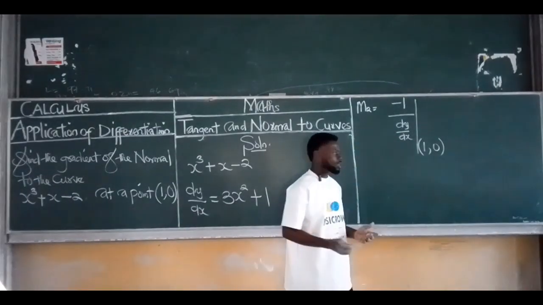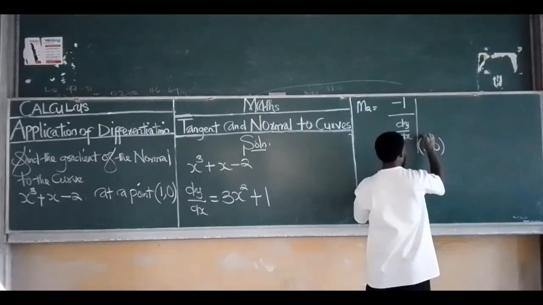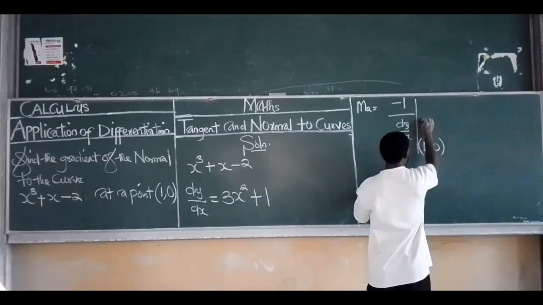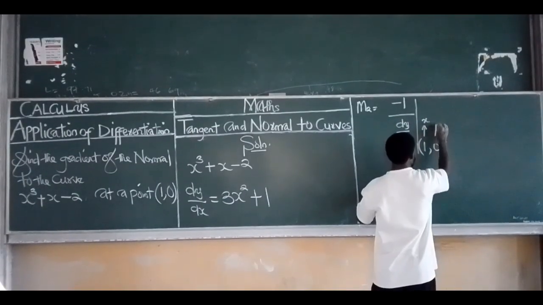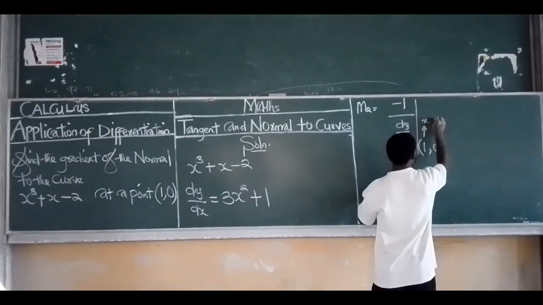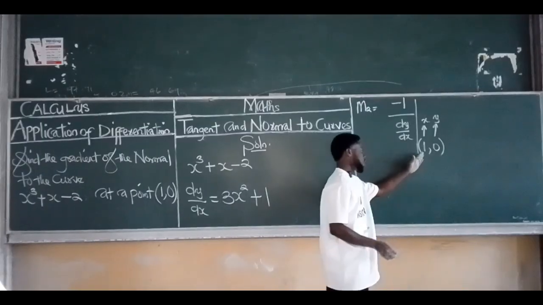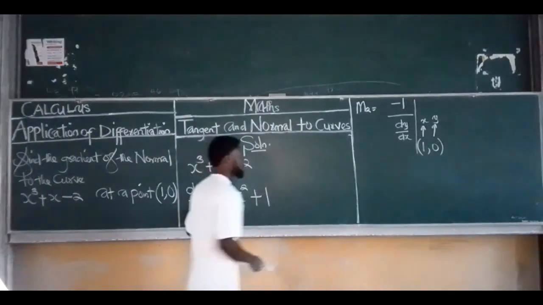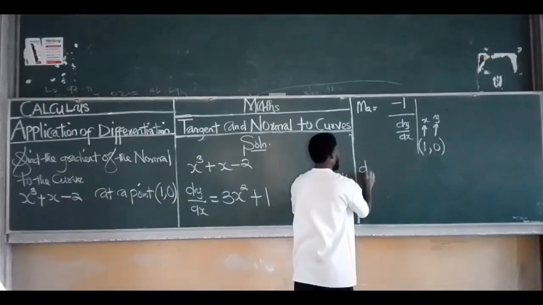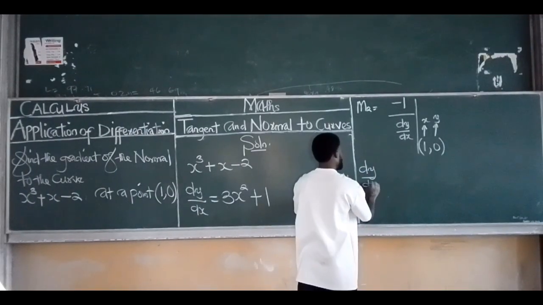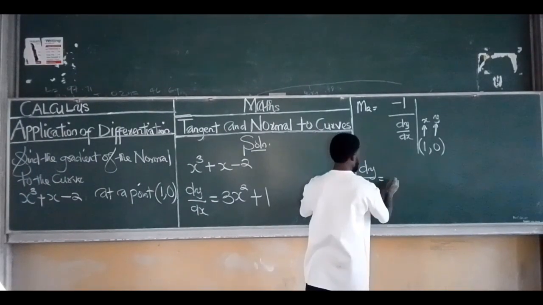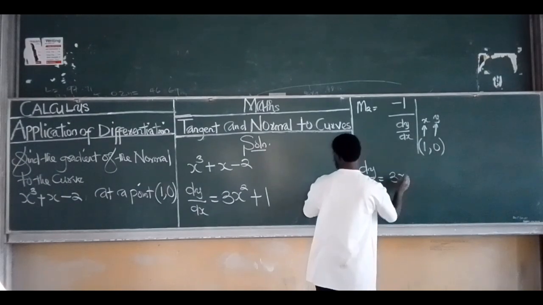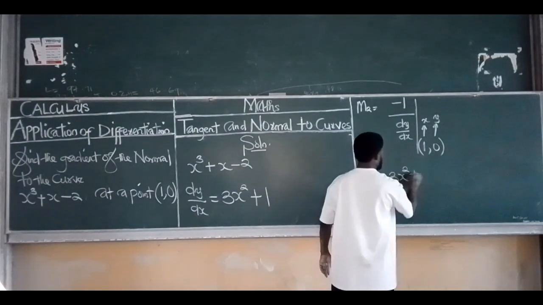Now, it was stated that the first number in this position represents that for x, while the second represents that for y. So this is x and y respectively. In the question, dy over dx is equal to 3x squared plus 1.